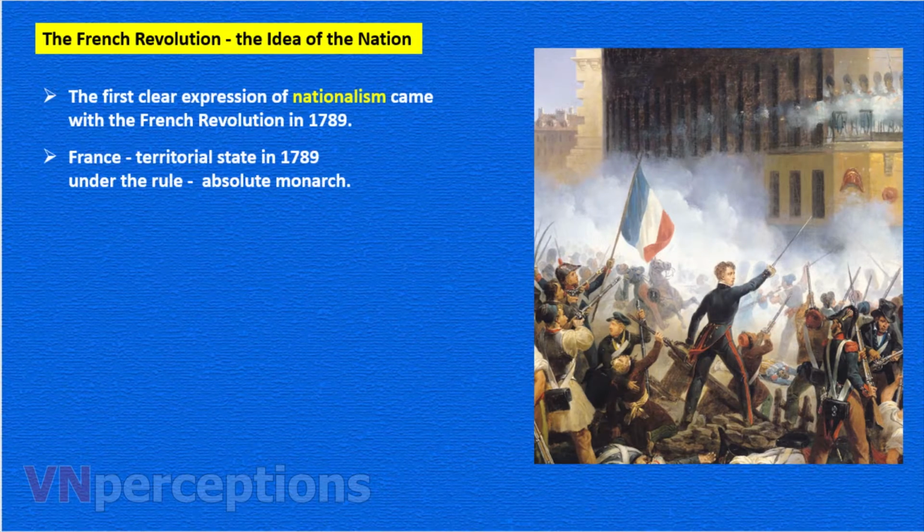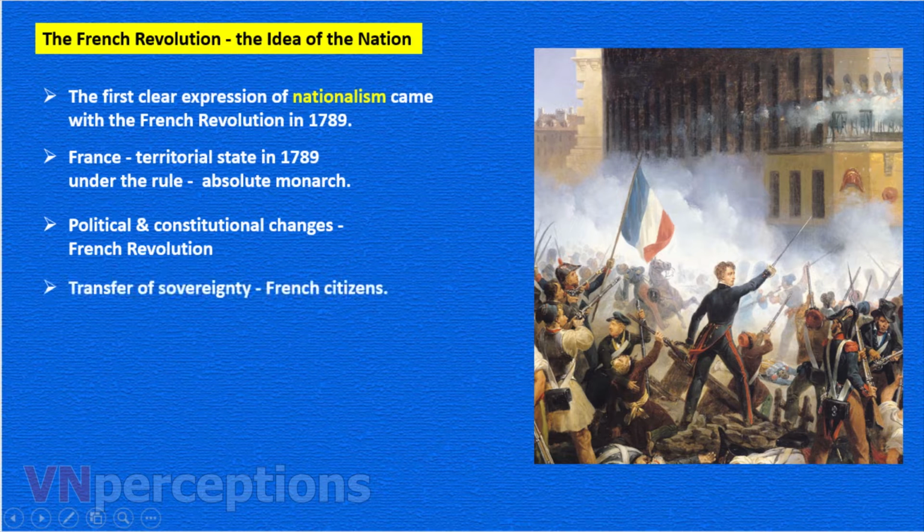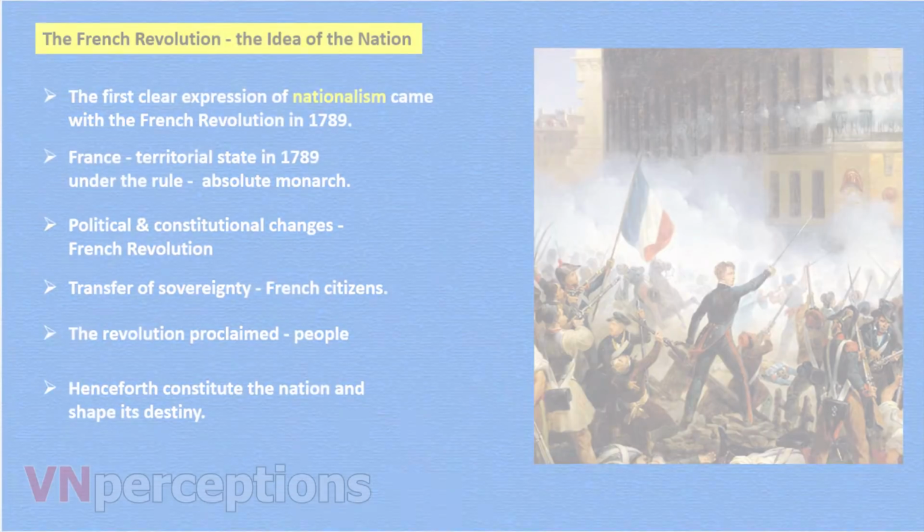France was a full-fledged territorial state in 1789 under the rule of an absolute monarch. The political and constitutional changes that came in the wake of the French Revolution led to the transfer of sovereignty, that is, complete power, from monarchy to a body of French citizens. The revolution proclaimed that it was the people who would henceforth constitute the nation and shape its destiny.